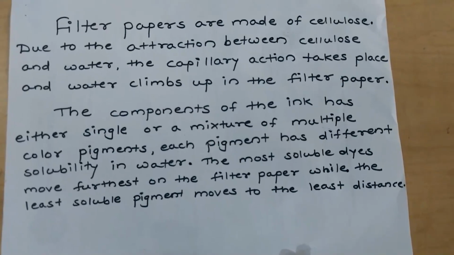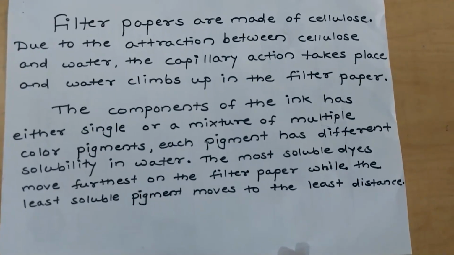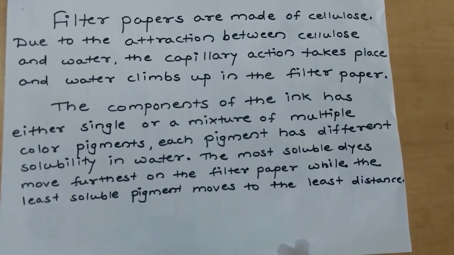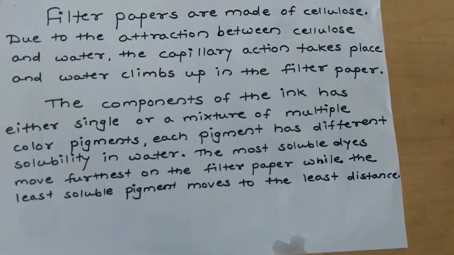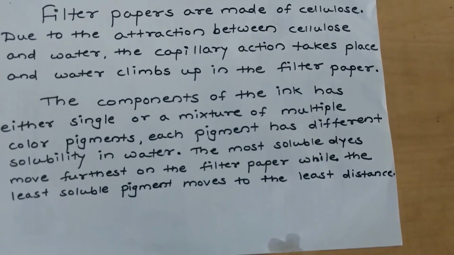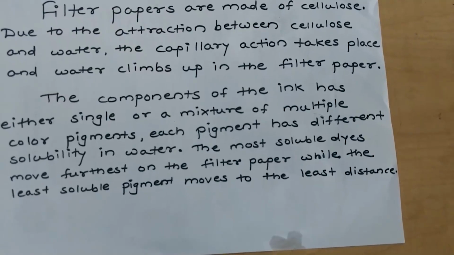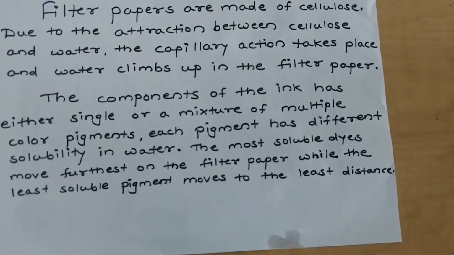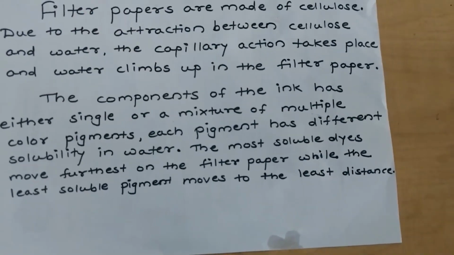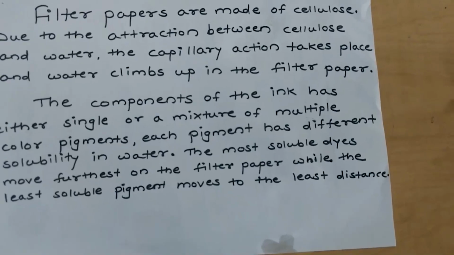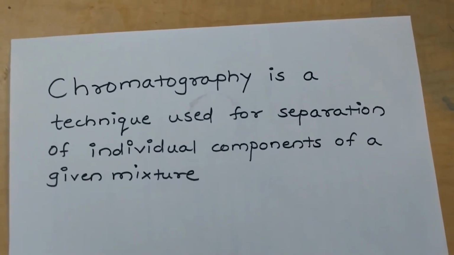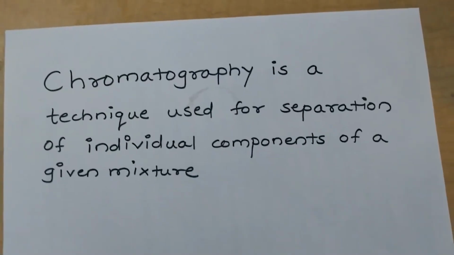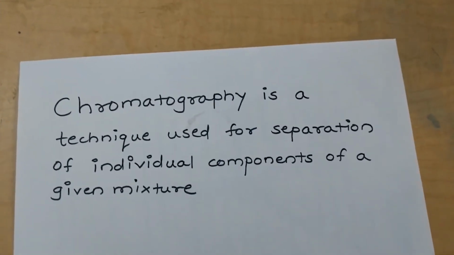The components of the ink are either a single color or a mixture of multiple color pigments. Each pigment has different solubility in water. The most soluble dyes move further on the filter paper, while the least soluble pigments move the least distance. Chromatography is a technique used for separation of individual components of a given mixture.